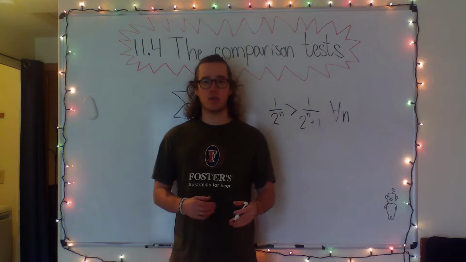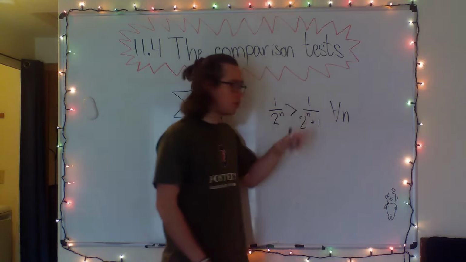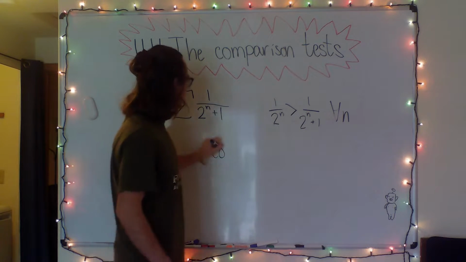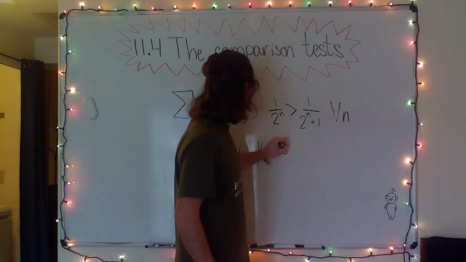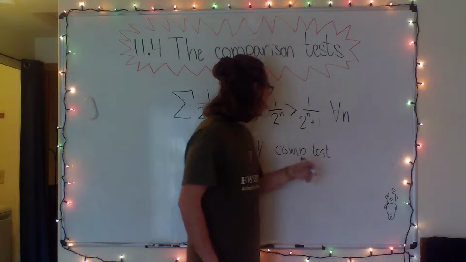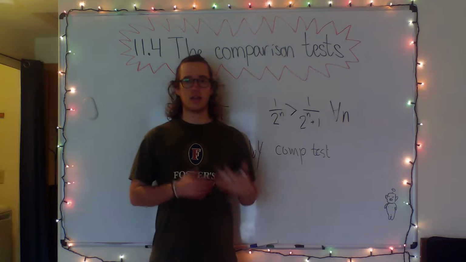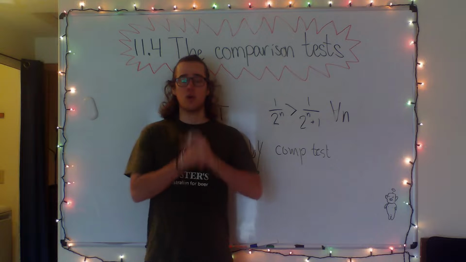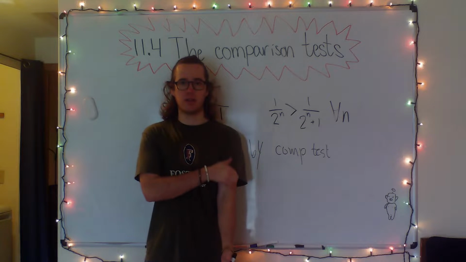So we can then say, well, this 1 over 2 to the n plus 1 is convergent by the comparison test. Because we know 1 over 2 to the n is convergent, and 1 over 2 to the n is greater than every single term in 1 over 2 to the n plus 1, so 1 over 2 to the n plus 1 has to be convergent.